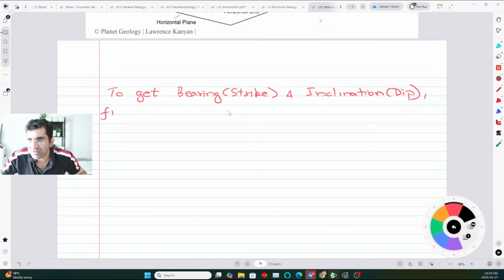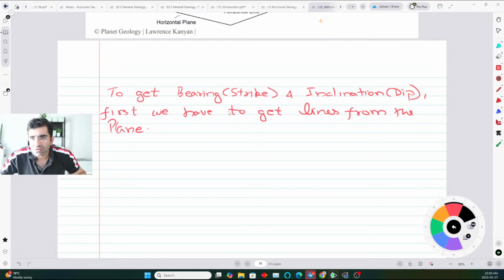First, we have to get lines from the plane. Okay. So those lines are the strike line and the dip line.